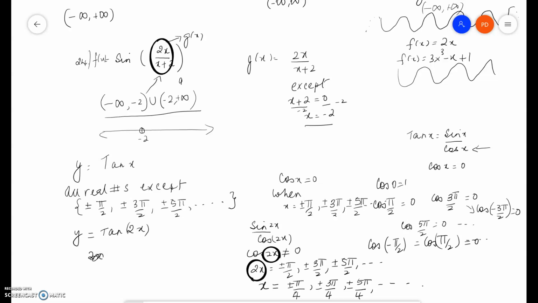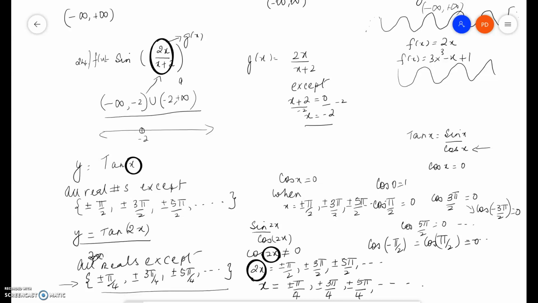So it's continuous at all reals except, and the discontinuities are at plus or minus pi over 4, plus or minus 3 pi over 4, plus or minus 5 pi over 4, and so on. So these are the points at which the function is discontinuous, and we're talking about the function tangent 2x. Instead of x, we have 2x, and that's how we had to divide by 2, and these numbers would be the exceptions.